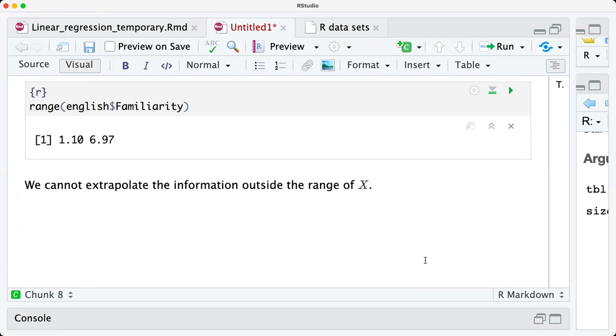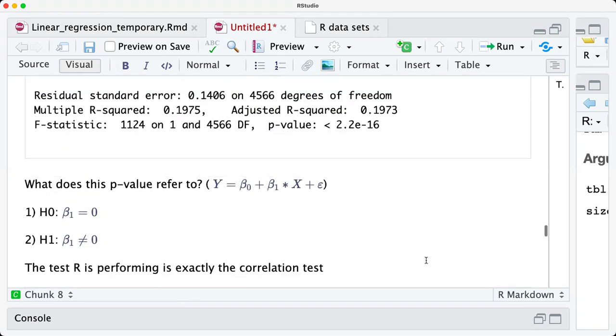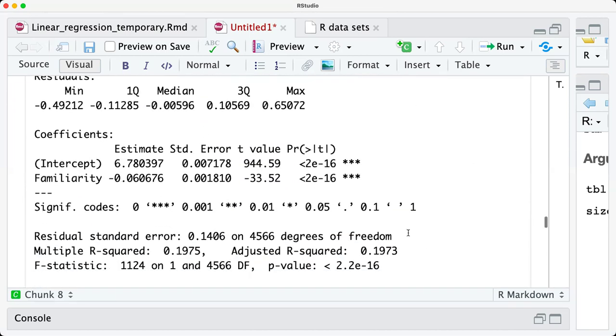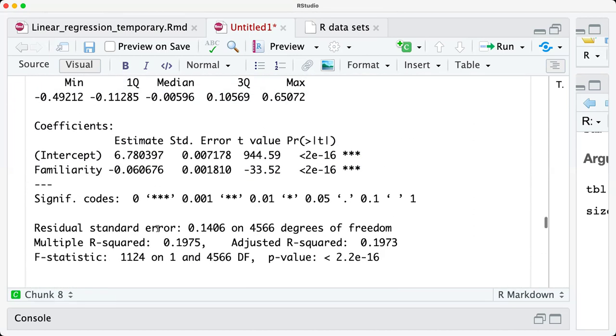What else? Yes, the residual standard error. This is more interesting. Let's compute it.